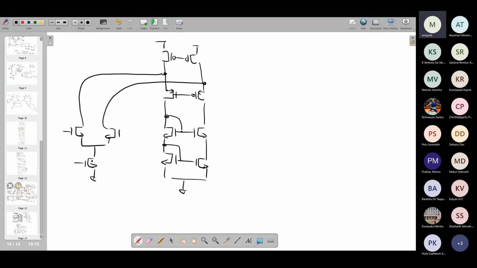And in this case, what is happening, if you see the small signal current which is coming in this branch, whatever small signal current in this branch is coming into this branch, so this will get mirrored into the output branch. So this is the output in this case, a single-ended output.